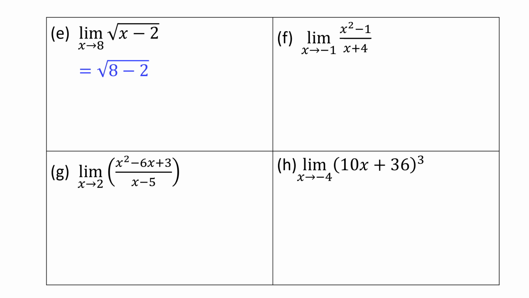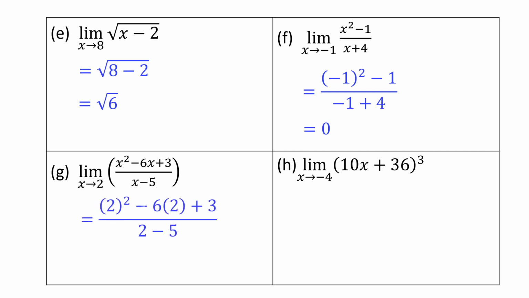So we got 6. This is question F. Okay, direct substitution where you substitute x with negative 1 and you got 0. G. And this is the solution of H.